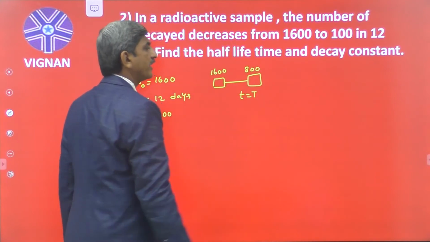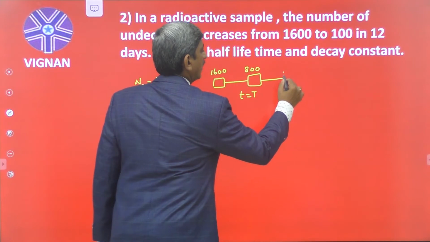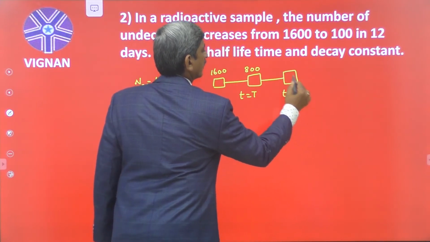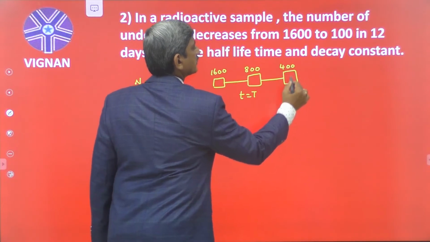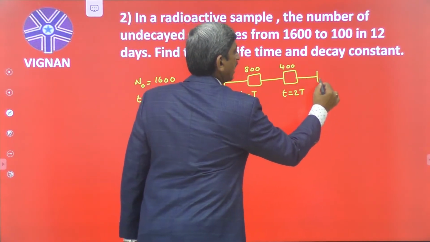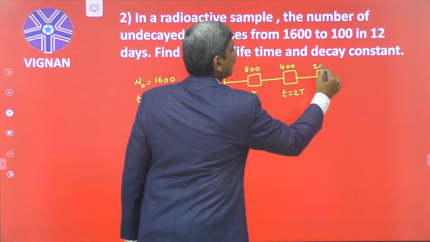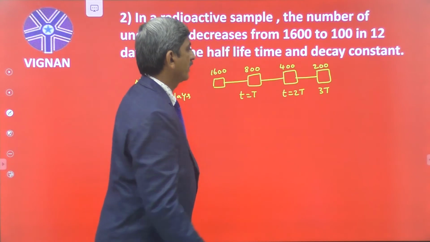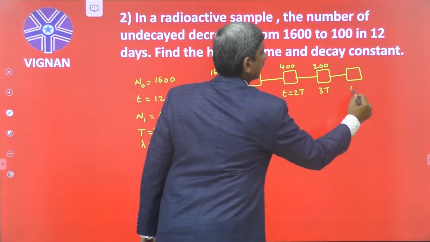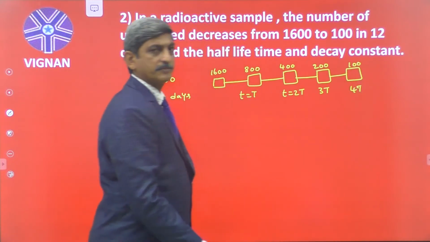That's why the number of radioactive nuclei present is equal to 800. After 2 half lives, the number of nuclei becomes 400. After 3 half lives, the number of nuclei becomes 200. And after 4 half lives, the number of nuclei becomes 100.